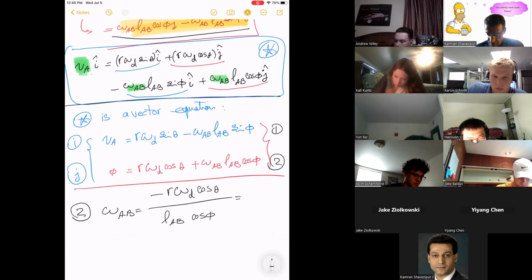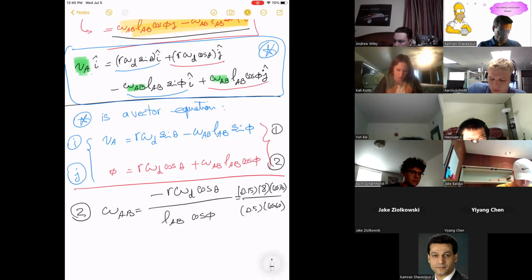And you will substitute the values: 0.15 times 8 times cosine 30 divided by 0.5 times cosine 60.